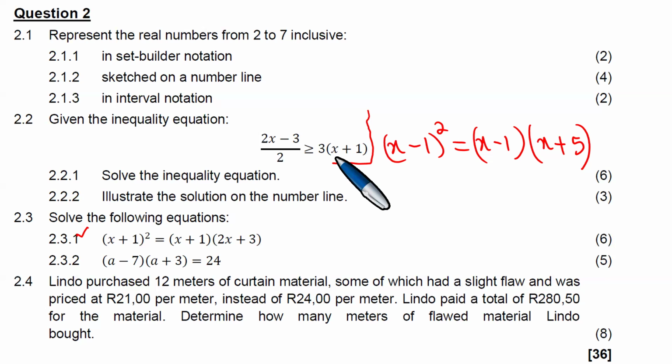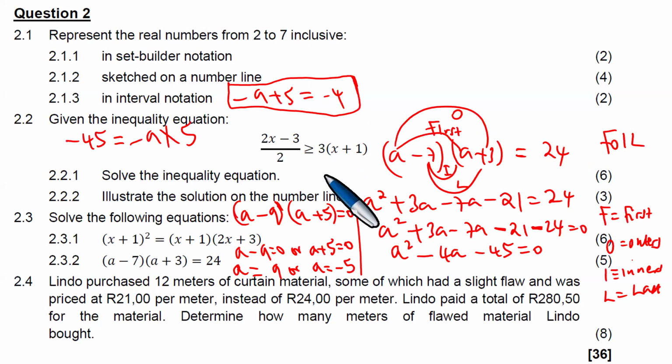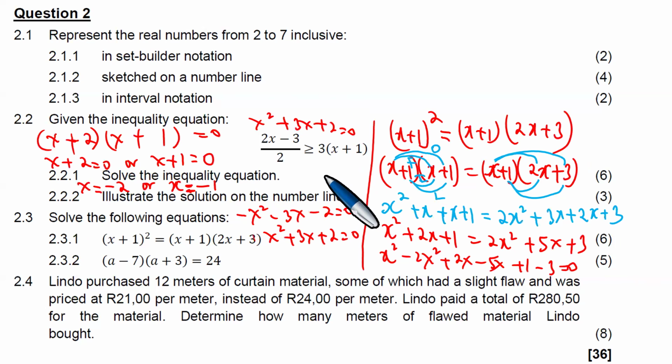No. I'm interested in seeing what you're going to do here. If you copy this one, I'm going to go back to the one we did, the example. This is the one we did, the 2.3.1. Now we're using the FOIL method.